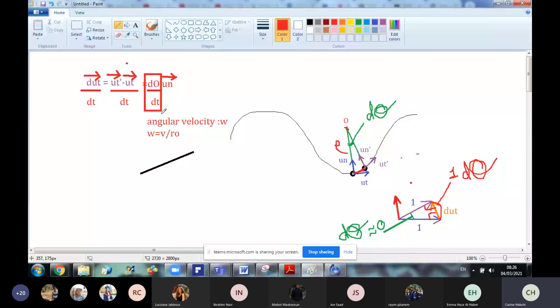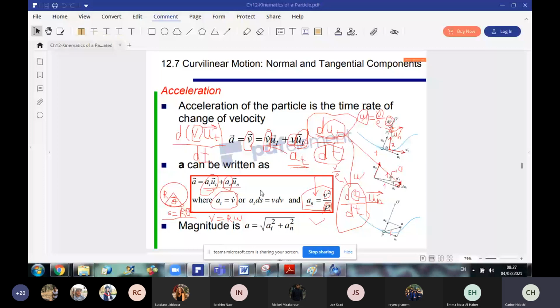Now, if you go back to your expression, do you see the PDF? Yes, we see. So if you go back to this definition, the acceleration is dv by dt vector, and the v vector is v times UT.